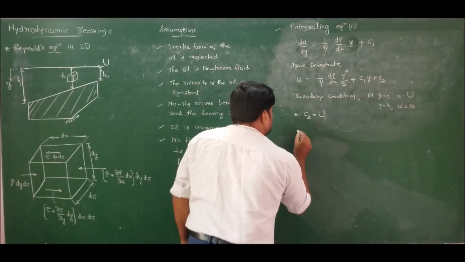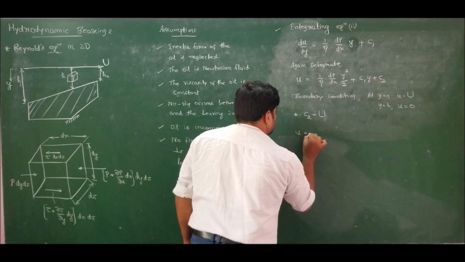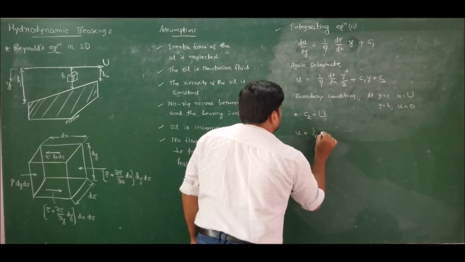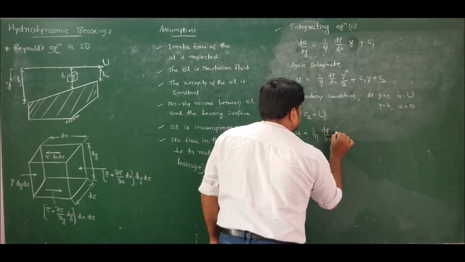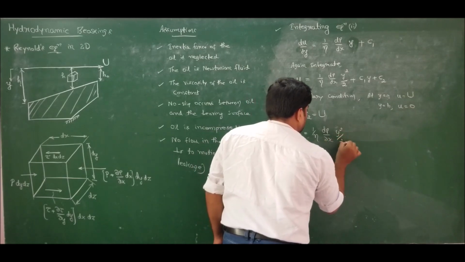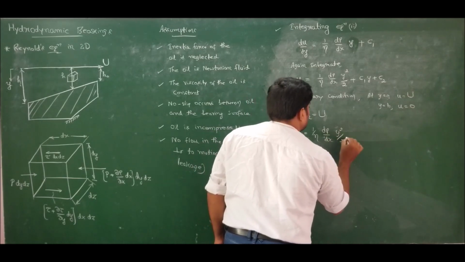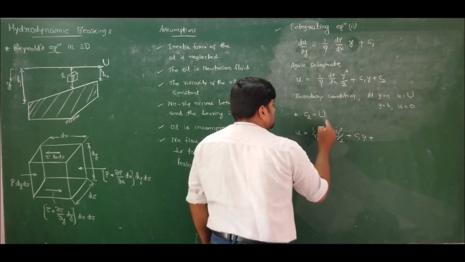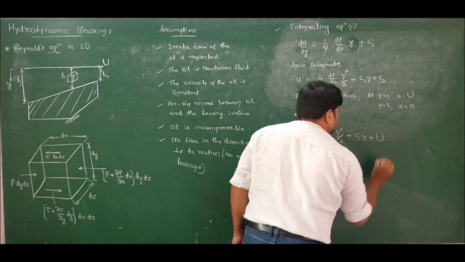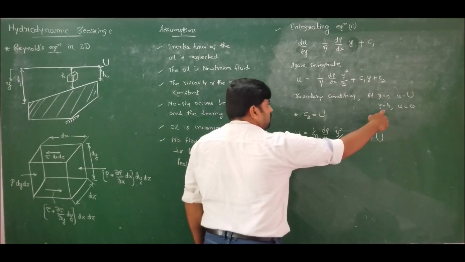First you substitute this here. This will reduce us to u is equal to 1 by eta dp by dx y square by 2 plus C1y. C2 is capital U, that is maximum velocity. Now put the second boundary condition.